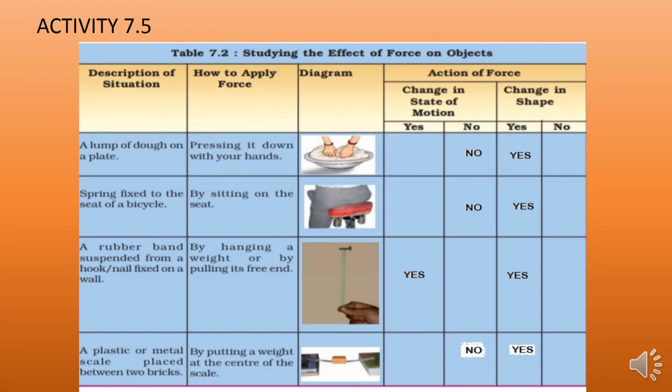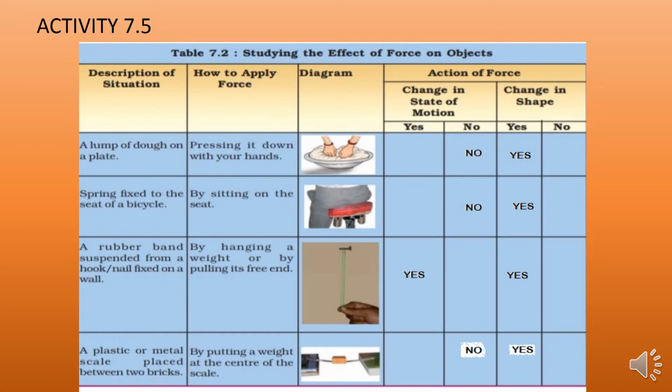If you see activity 7.5, they have given certain examples in the first column, and in the next column, how to apply force. It means how we are applying the force on the object. The next column is for the diagram, and the last column is for action of force. In the action of force, they have given two more columns: change in state of motion and change in shape.